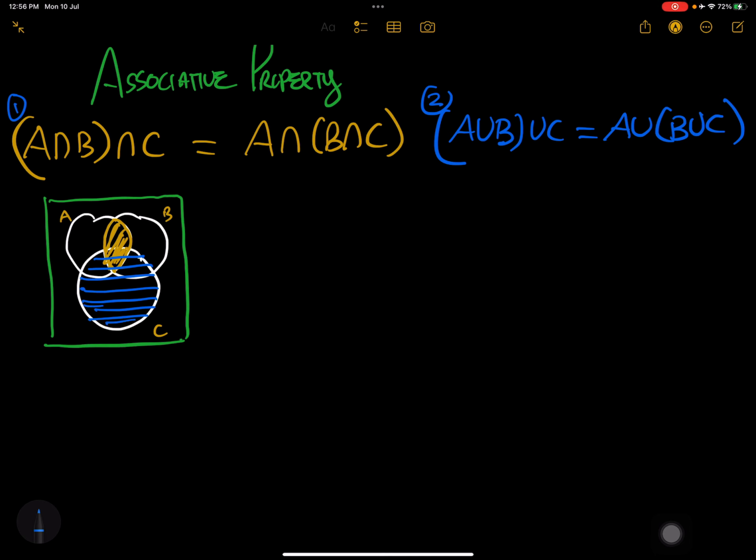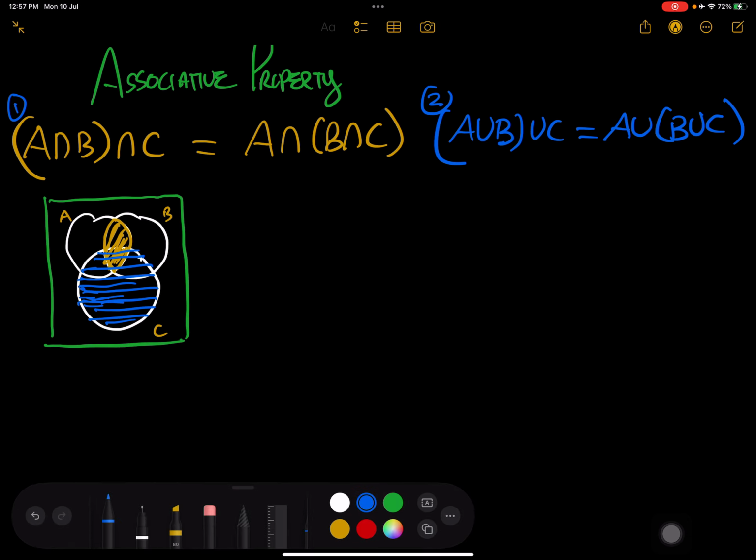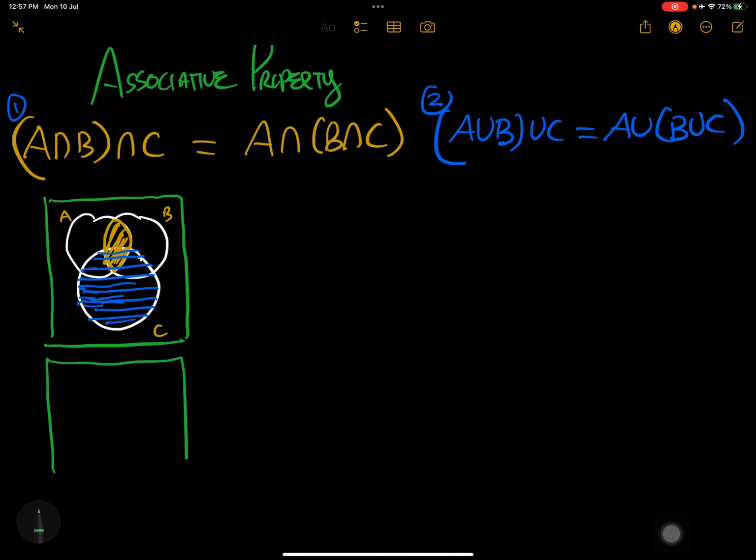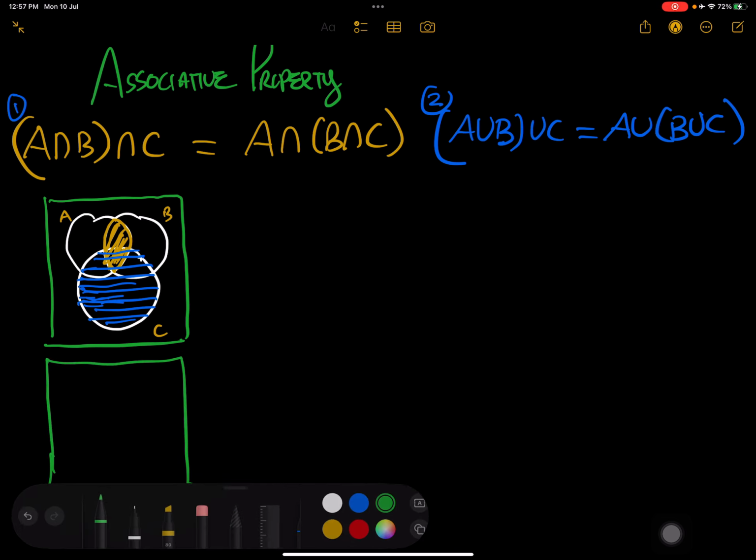You're saying that the A intersection B, the yellow region, intersects with the whole of C. The intersecting point is going to be this. This is how it's going to look, in all fairness.